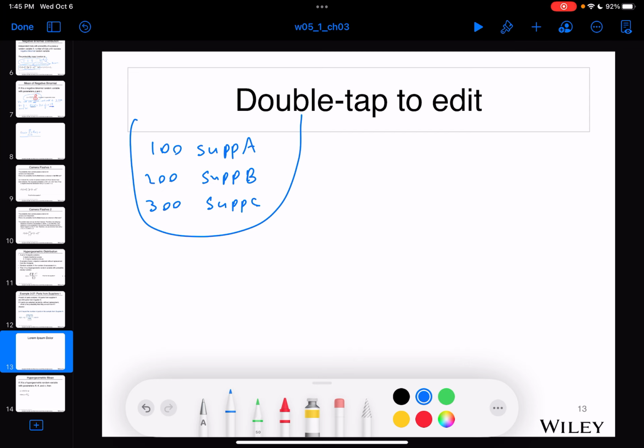Let's say we select 10 parts, and from these 10, we want 2 from supplier A, 3 from supplier B, and 5 from supplier C. What's the probability of this happening?